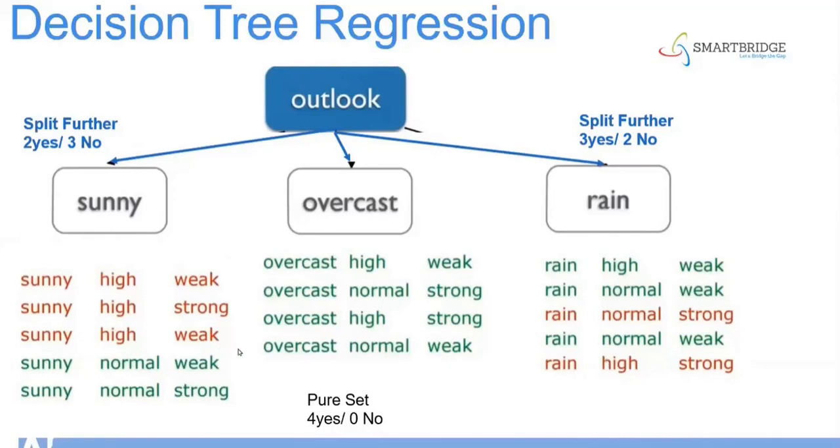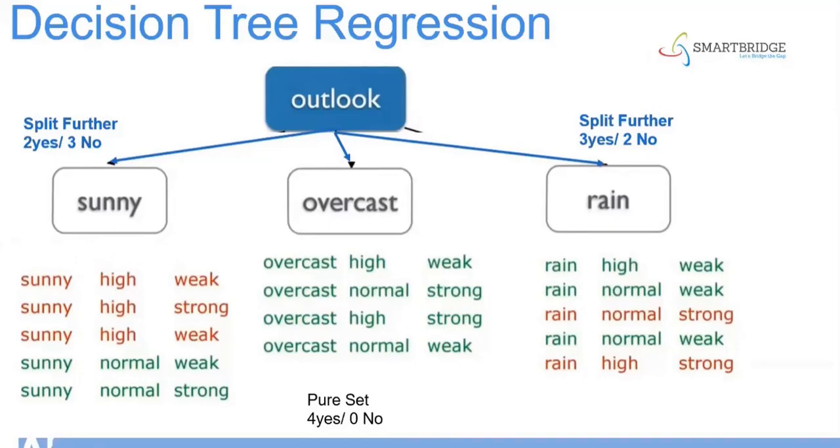So how can you split this? Now we have taken outlook, so outlook has already been split. Now we have either humidity or wind. In the first subset, I would like to split with humidity.